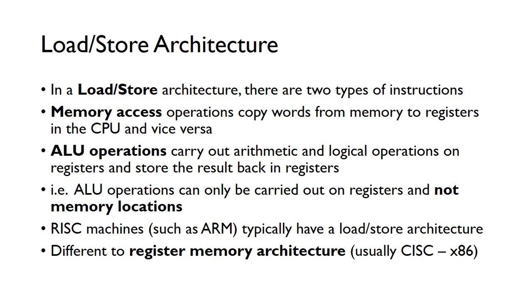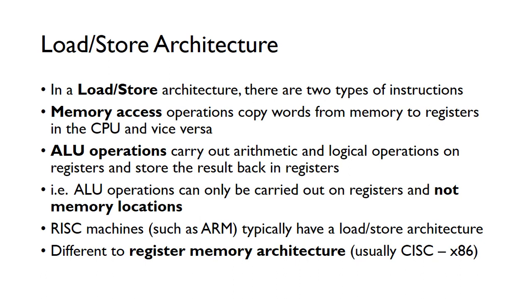In this load store architecture, there are two types of instructions. You've got memory access operations, where we copy words from memory to registers in the CPU and vice versa. So we can read data from memory into registers and write data from registers back into main memory. And then we've got ALU operations, which carry out arithmetic or logical operations on the registers and store the result back in registers.